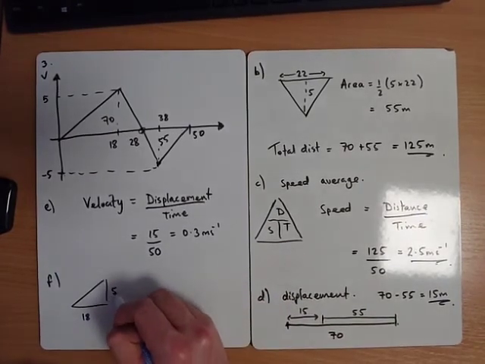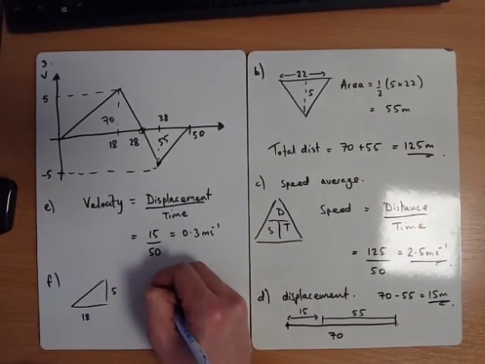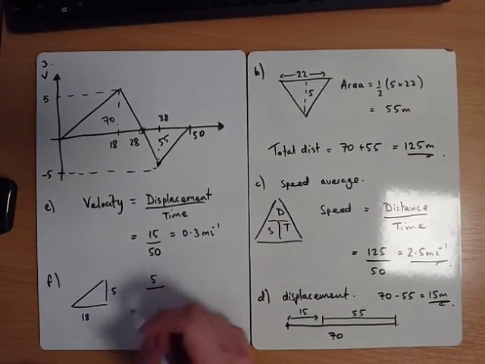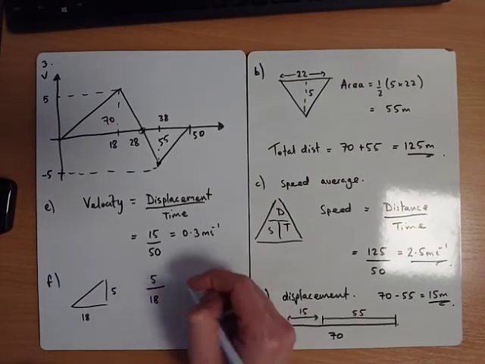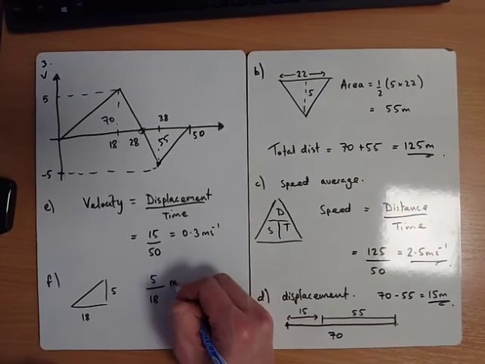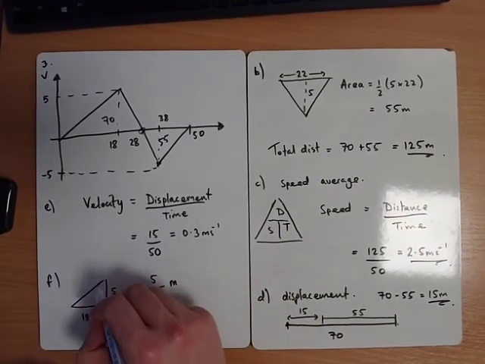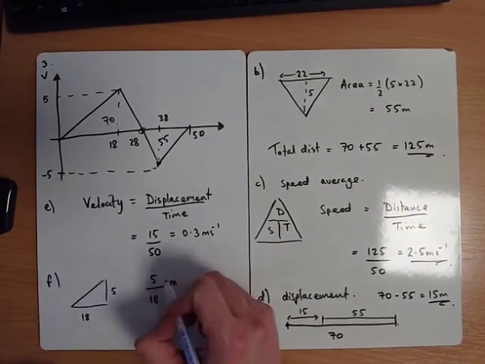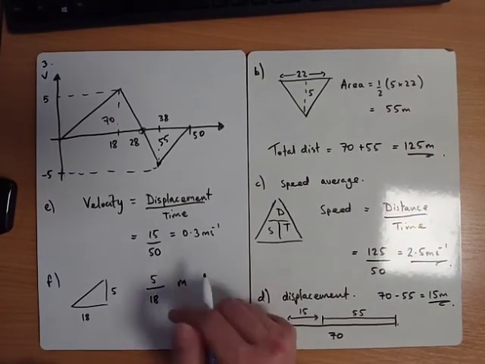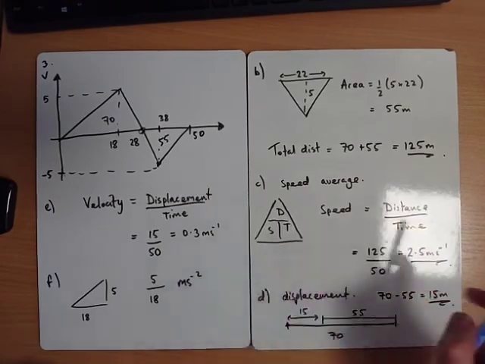So if we've got change in y, which would be 5, gradient is change in y over change in x. What you can think about is change in velocity over time. So the acceleration, which would be the change in velocity over time, would be 5 over 18 meters per second squared.